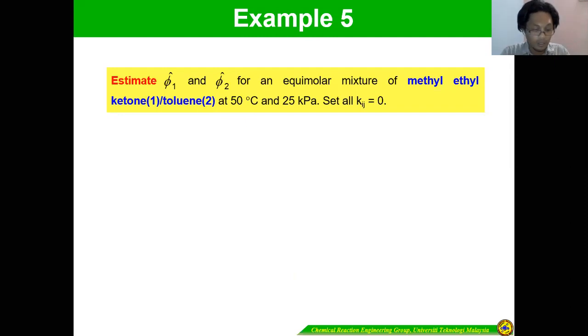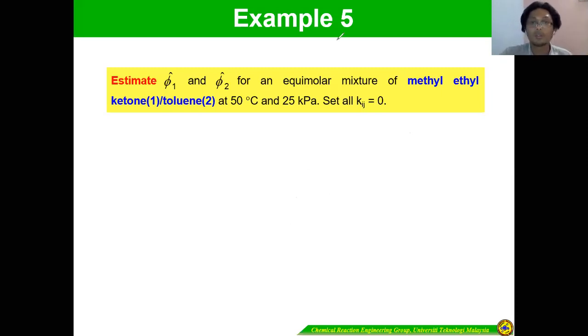So TC12 is equal to 563 kelvins. PCij is equal to 41.3 bar. VCij is 291 cubic centimeter per mole. ZC is 0.256, as well as omega ij is equal to 0.2993.